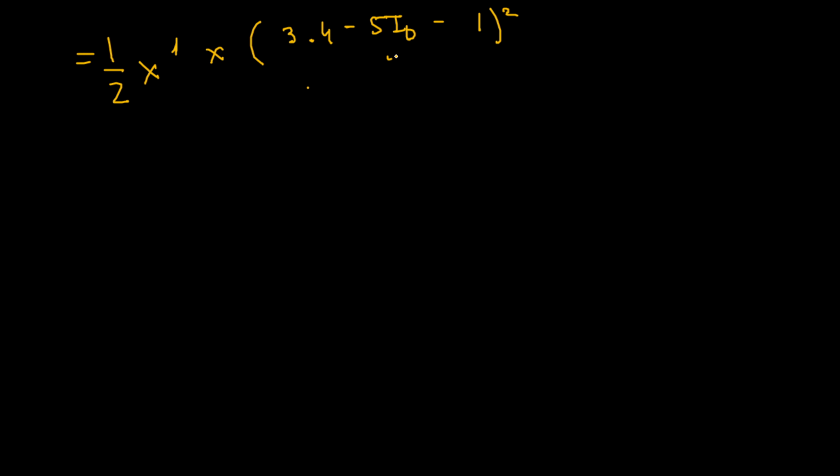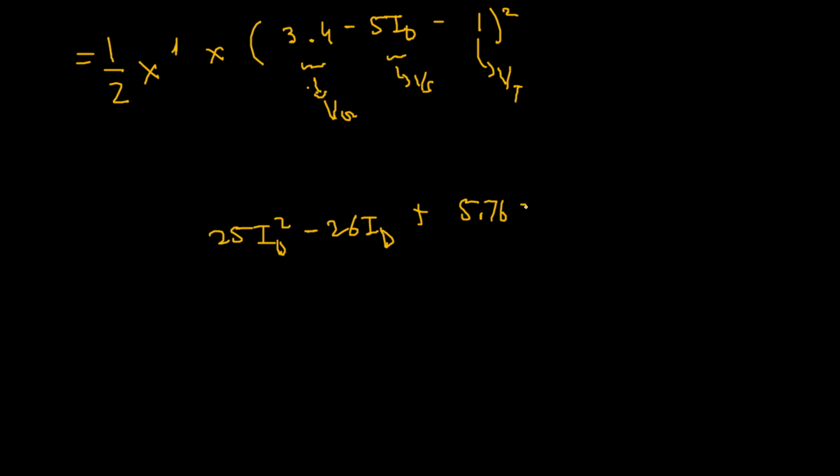This is VS, this is VG, and this is VT, the threshold voltage. Now we actually get a quadratic equation, which is 25 ID square minus 26 ID plus 5.76 is equal to 0.